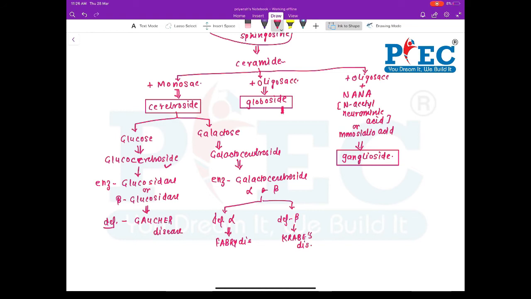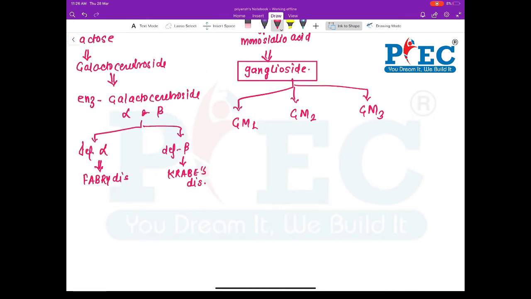Now coming to ganglioside, it can be of three types, written as GM1, GM2 and GM3. What is GM1? This GM1 works as the cholera toxin receptor in our body. GM3 is the simplest possible ganglioside.